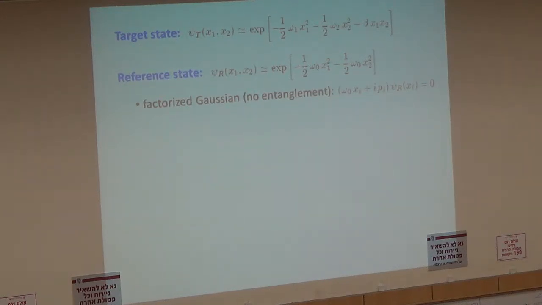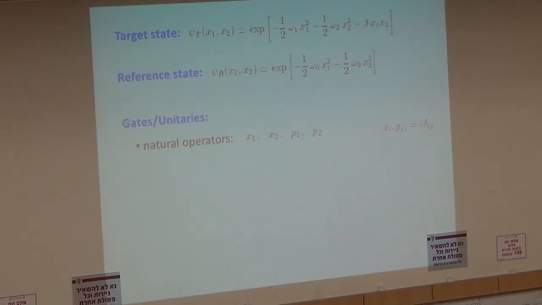We're going to talk about how to choose it at the very end of the lecture. But for now, it's just some parameter that characterizes our reference state, and so it characterizes our model for calculating the complexity. So we've got a target state, we have a reference state. The next thing that we needed were unitaries, or gates, to build our circuit, which was going to take us from one to the other.